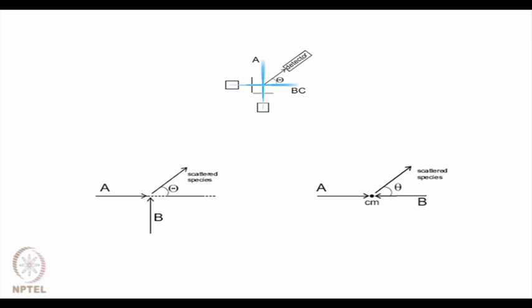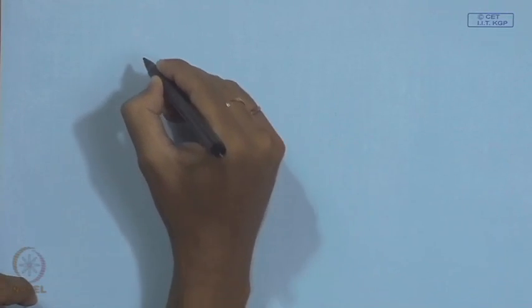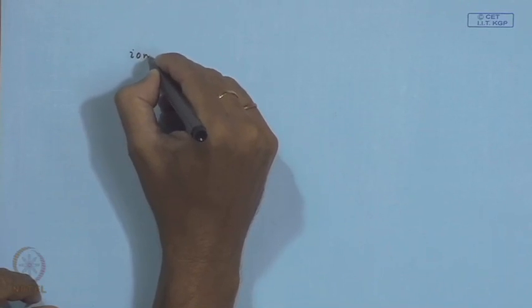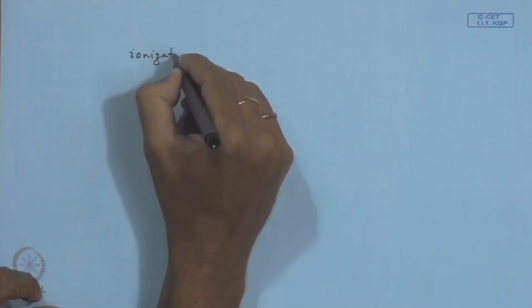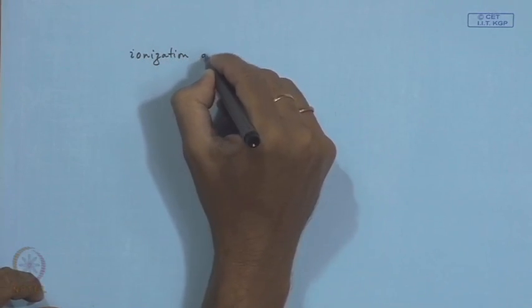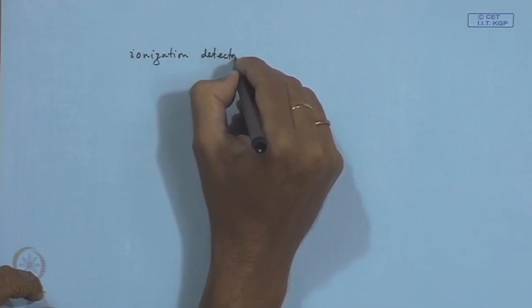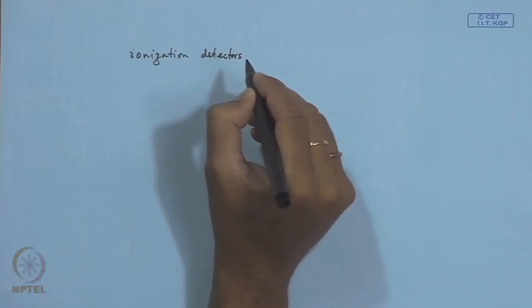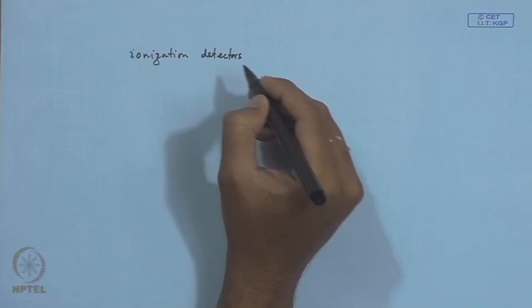Okay, so how to detect these scattered entities? So one may be an ionization detector, that is hot wire ionization.